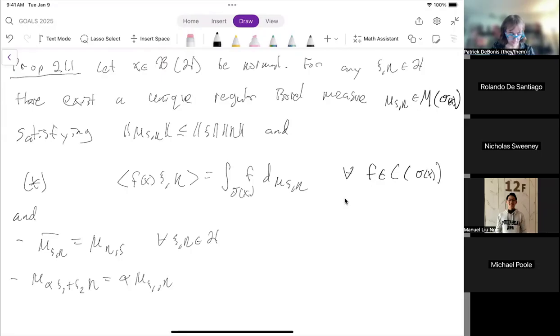So here, alpha is a complex number. And then conjugate linear in the second component. Now beta is our complex number.